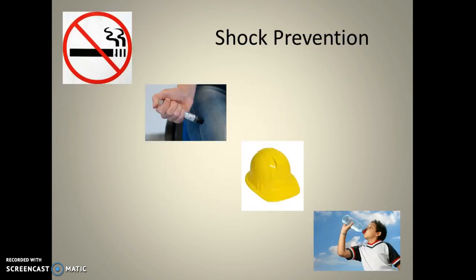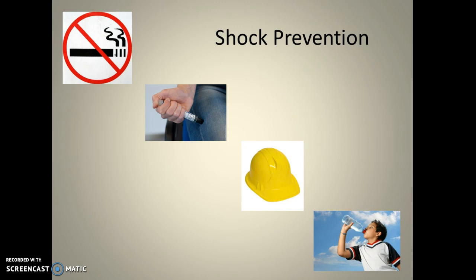Lastly, shock prevention. There are actually several ways everybody, including yourselves, can prevent shock. For example, anaphylaxis, allergies. If you have severe allergies, avoid those triggers. If you have an allergy to bees, carry an EpiPen around with you.